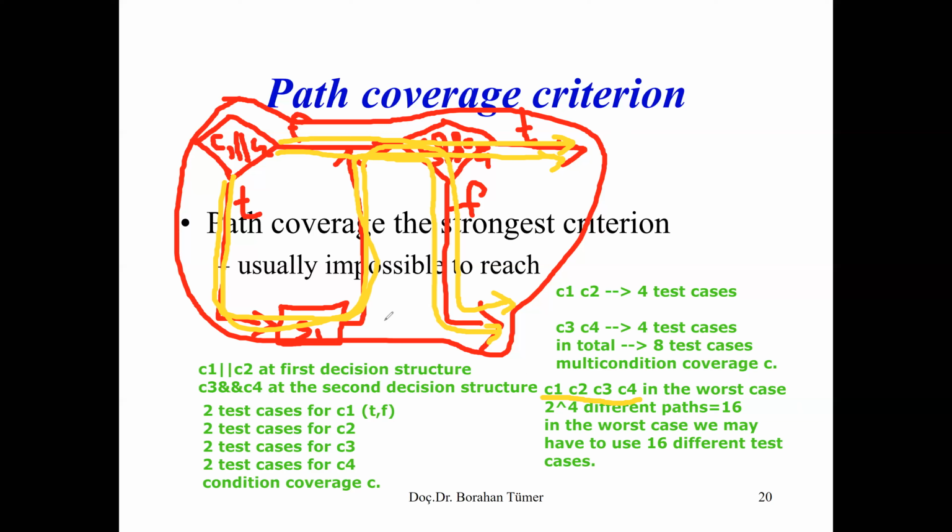But in another control flow graph, in another piece of code, with a different combination of predicates in different decision structures, we may have at most 16 different paths, and this will end up with, in the worst case, 16 different test cases. Do you understand that?